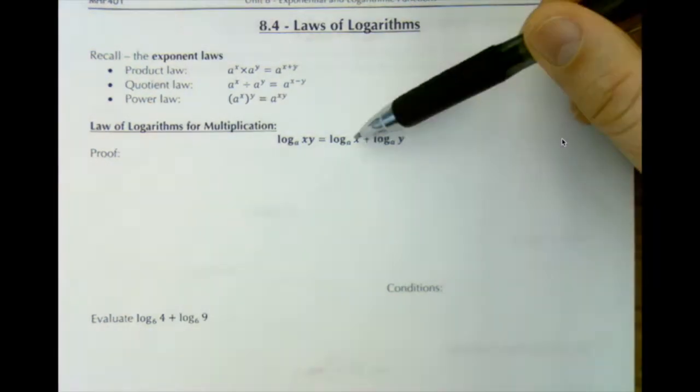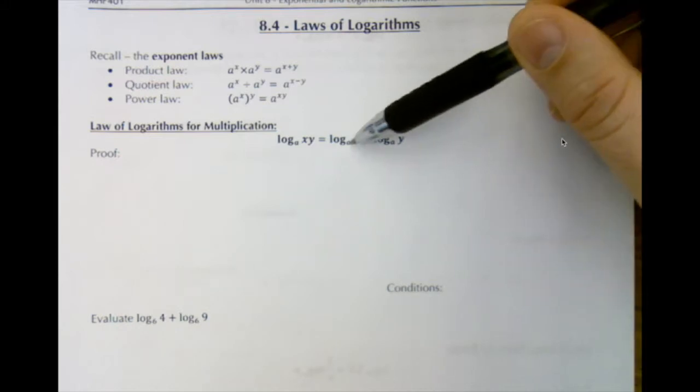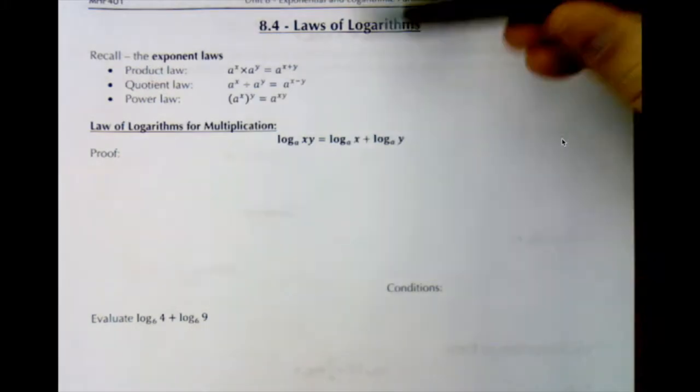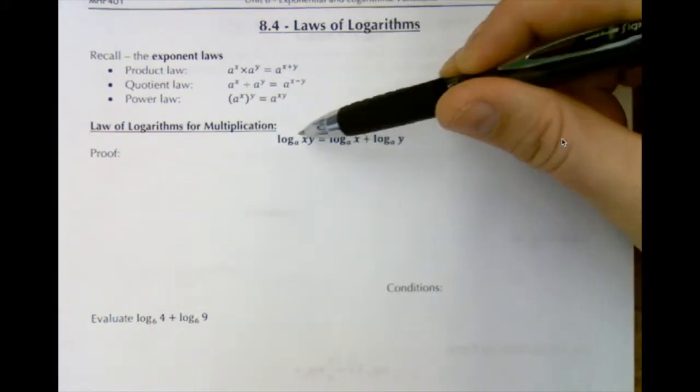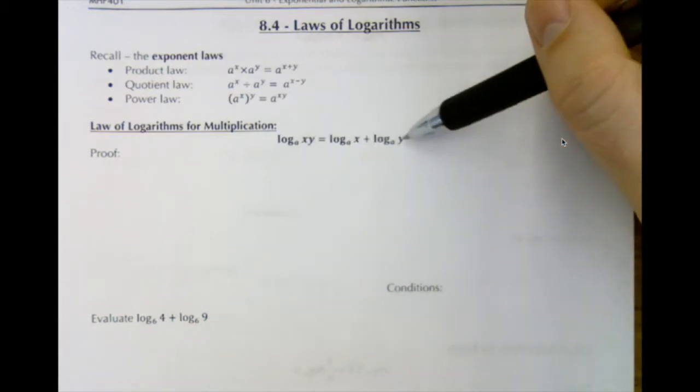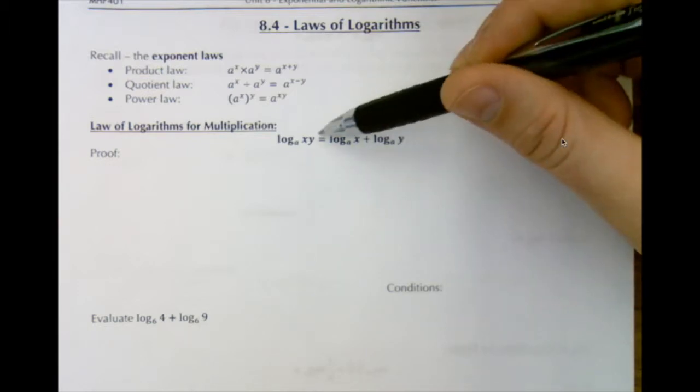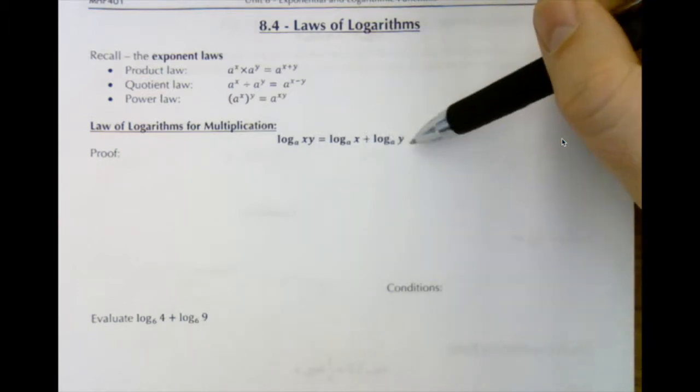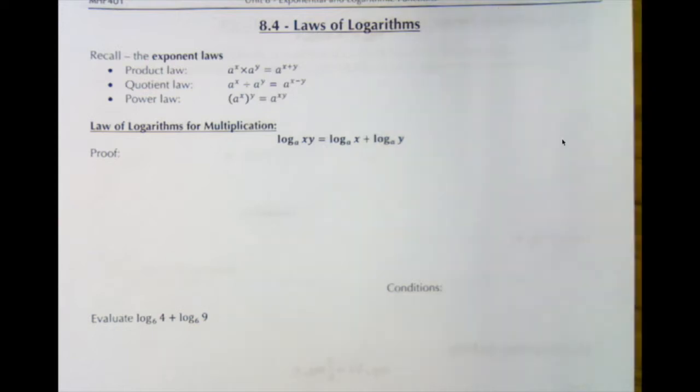The focus of the lesson for you should be on what the law is, how to identify when to use it, and how to use it. Okay, so the first law is for multiplication, and the way it works is that if you have 2 logarithms with the same base that are being added, you can rewrite those logarithms as a single log with the base that was shared by both logs by multiplying the inputs x and y to write it as a single log.